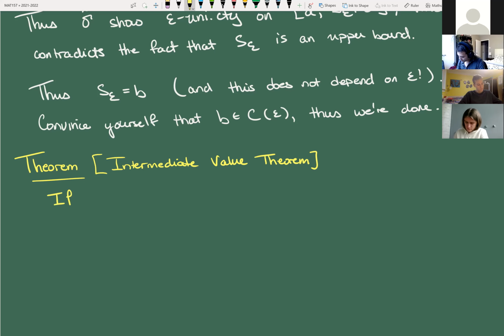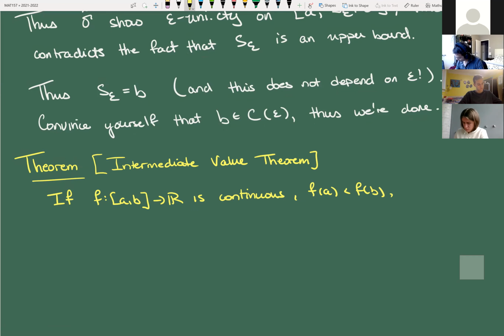If f from [a, b] to R is continuous, and f of a is strictly less than f of b. Of course, you can flip them around as well, right?